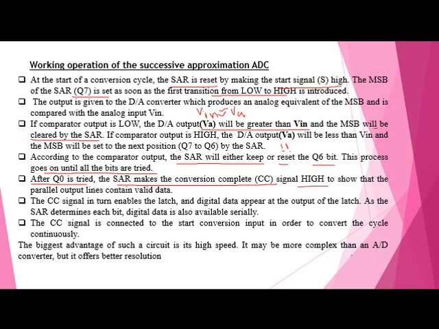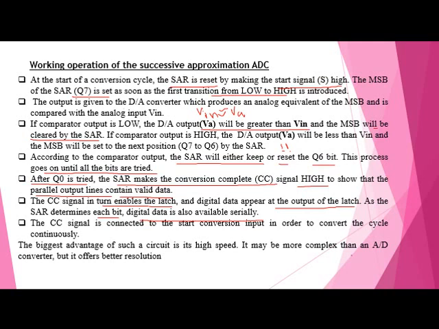Then we know that the parallel output lines contain valid data. When the conversion complete signal enables the latch, the digital output appears at the output of the latches. As the SCR determines each bit, the digital data output is also available as a serial output.